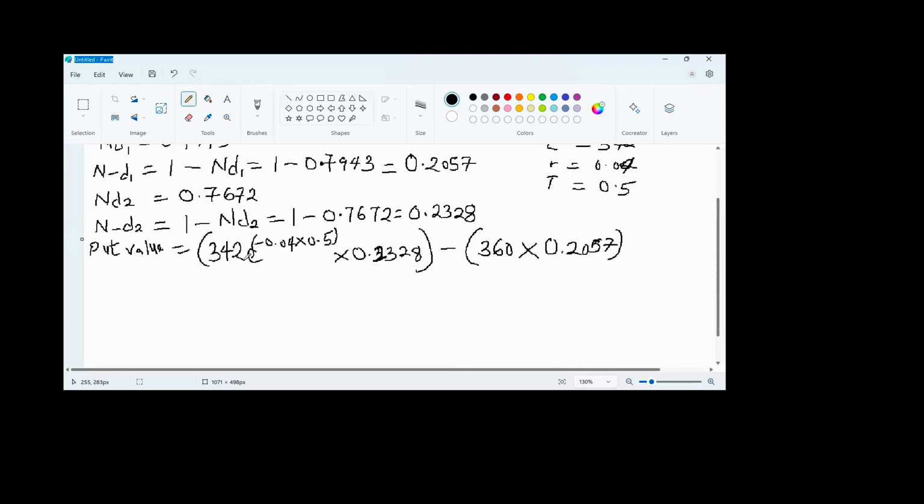Minus 0.04 multiplied by 0.5. Close the bracket. If you have done that, obtain your answer first. If you have done it correctly, you are going to get 335.2279463.